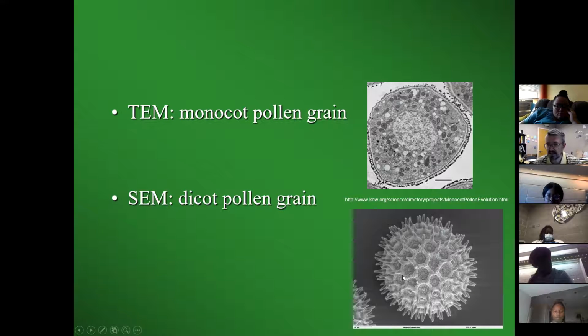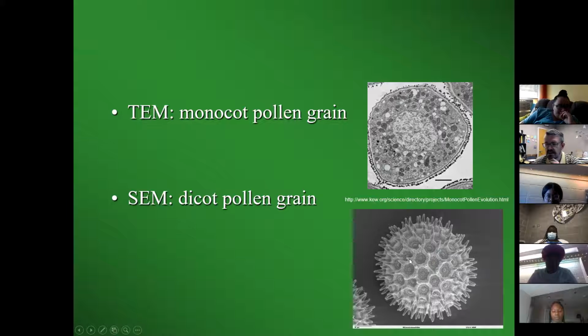I actually really like the SEMs much better, more from an artistic standpoint, because I think these would be cool to look at. By the way, TEMs would be used more for, I think you might get viruses better because they're so small. I'm not sure if SEM will pick up a virus. I'm not sure about that, but just a little side note.